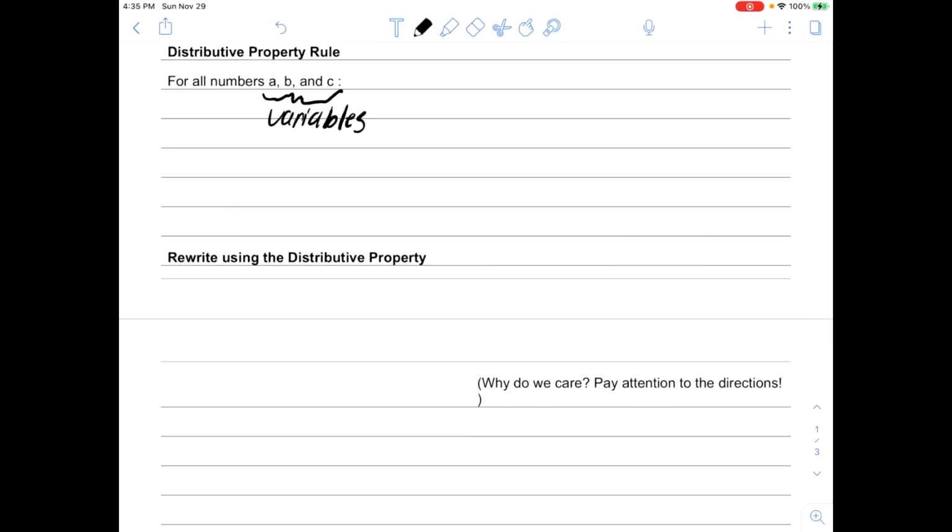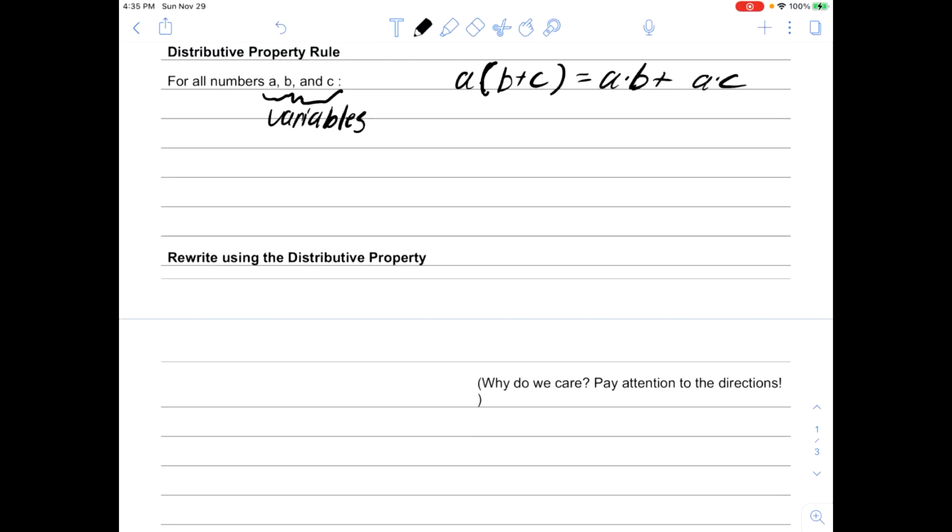And so for any numbers, if I have A times, remember, times can also turn invisible next to a parenthesis, B plus C in parentheses, that would be the same if I took the A times the B and the A times the C and then added them together.